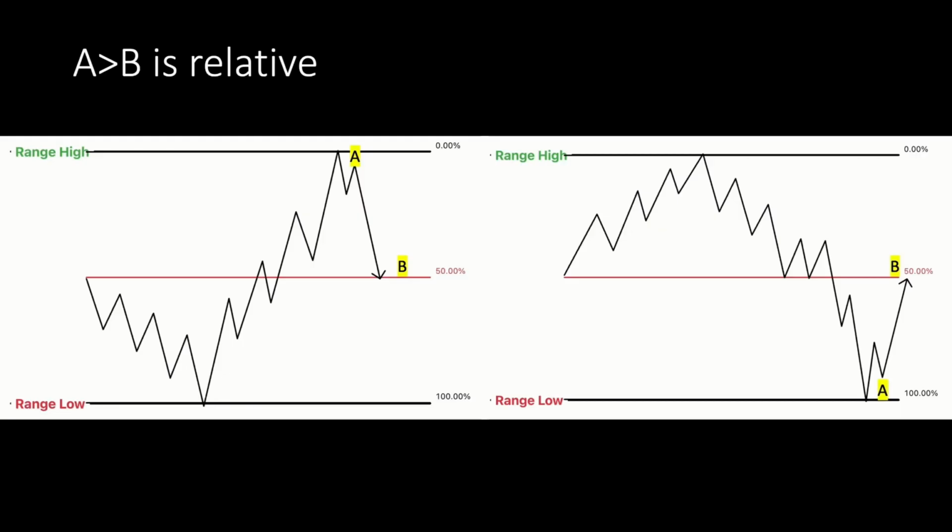Because the opposite side of the range might be too far. If you're trading against the higher time frame order flow, the most safe thing to do is to take a big partial, if not a full close, at equilibrium of the range. That's why I've shared with you that point B is at equilibrium of the range if you're trading against the higher time frame order flow.